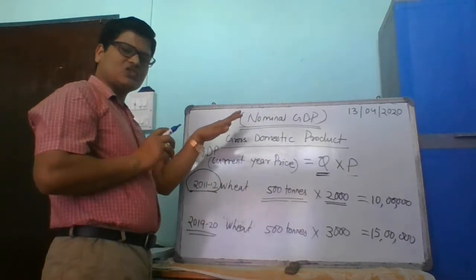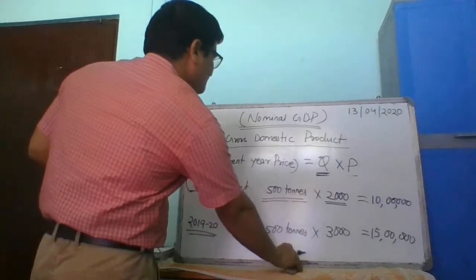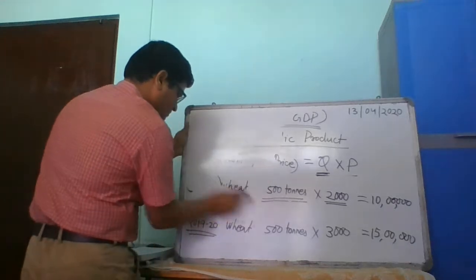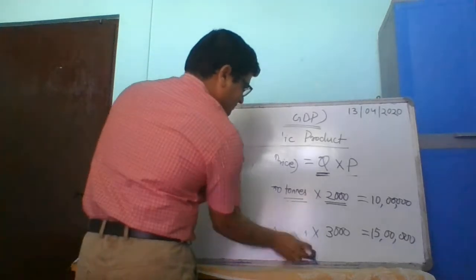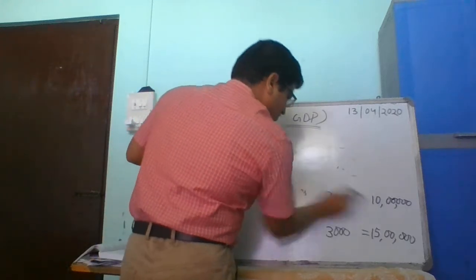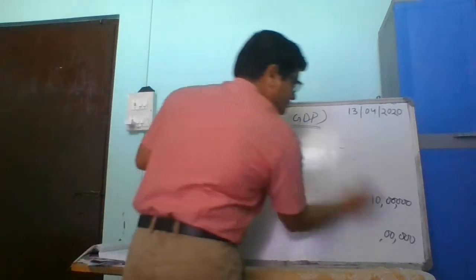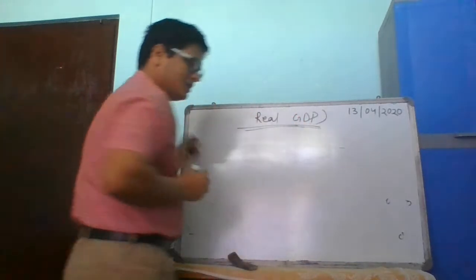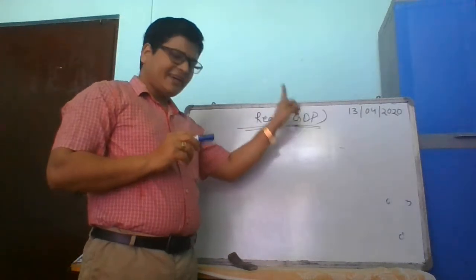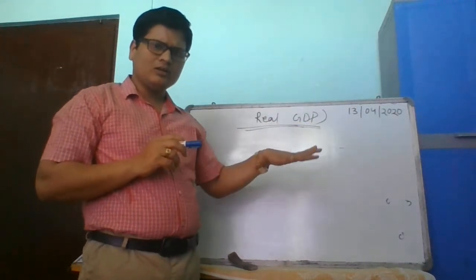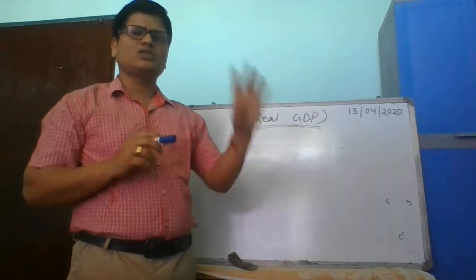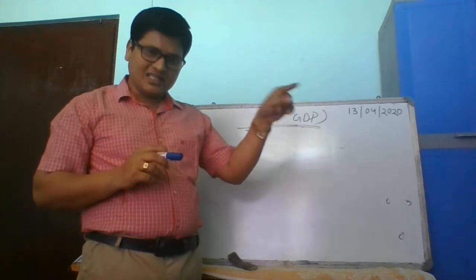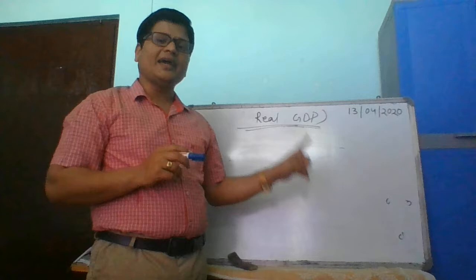Next, we come to real GDP. What is real GDP? Real GDP is the market value of all final goods and services produced in the domestic territory in an accounting year, estimated at the base year price.